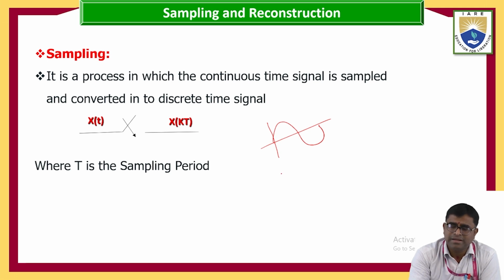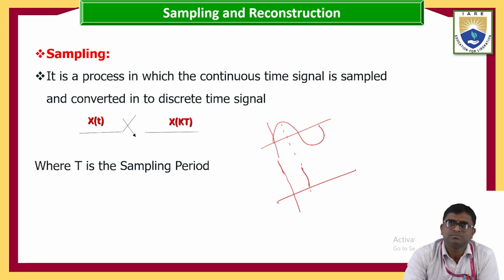If you take a peak value here, the highest value, this is one sample. Say this peak sample is 5 volts.